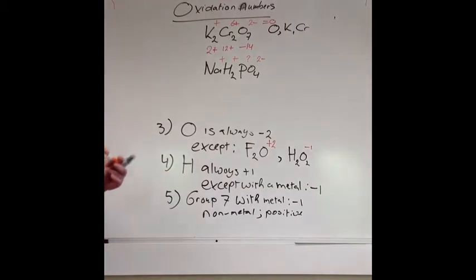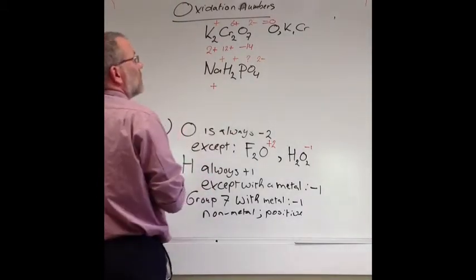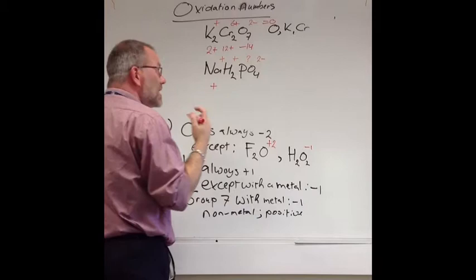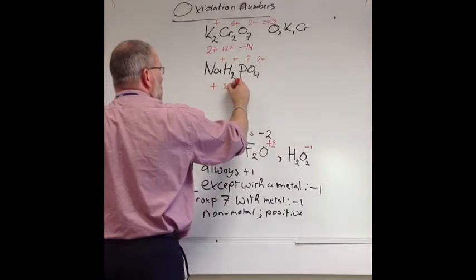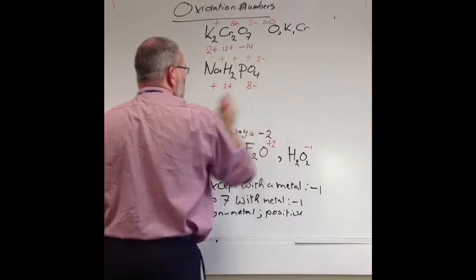What will be the oxidation state of the phosphorus? Well, we got 1 sodium, which is plus. We got 2 hydrogens, each of them are plus, so that is 2 plus. We got 4 times 2 minus, it's minus 8.